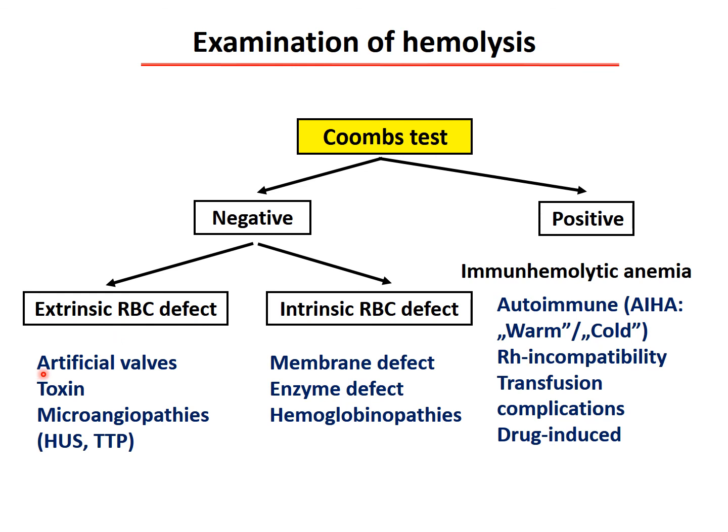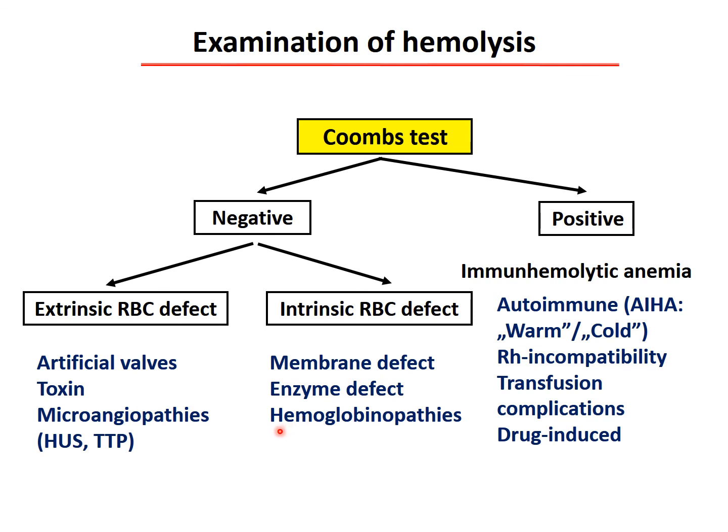That can be, for example, a prosthetic valve, toxins, or microangiopathy such as TTP or HUS. Or an intrinsic red blood cell defect: membrane defect, enzyme defect, glucose 6-phosphate dehydrogenase or pyruvate kinase deficiency, or hemoglobinopathies. Again, that can cause hemolysis.